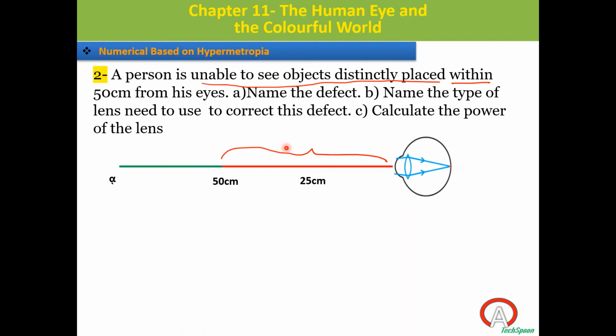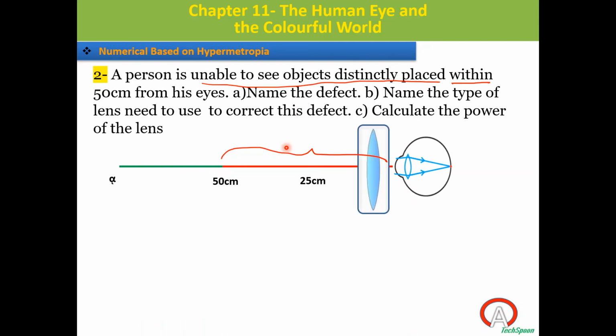So name the defect. What is the defect, Gopika? Hypermetropia. So we have to correct it, right? For correcting hypermetropia, we have to keep what type of lens, Avani? Sir, convex lens.